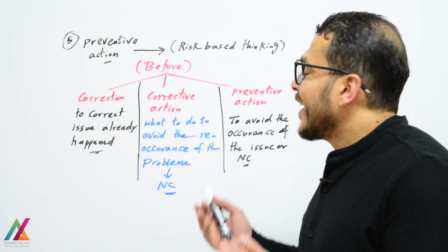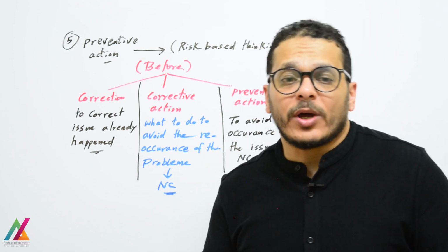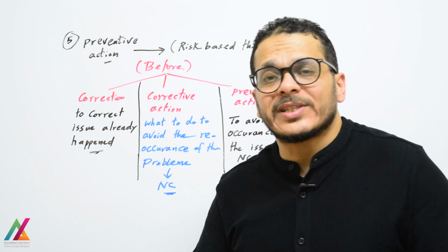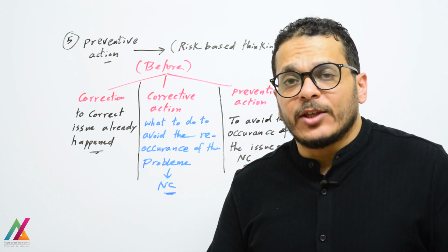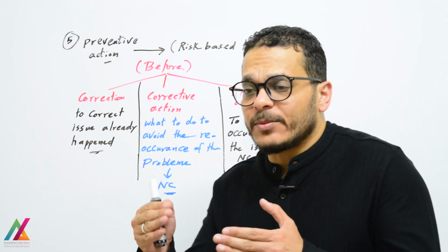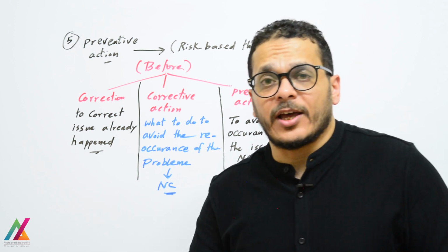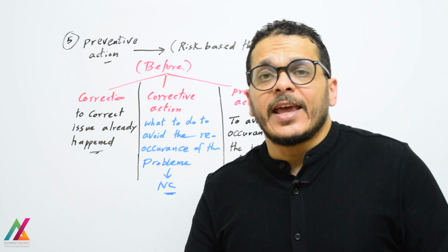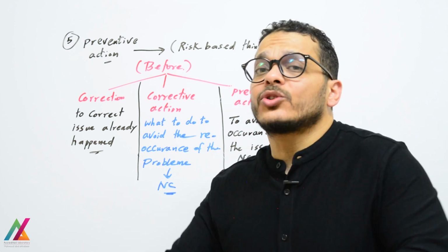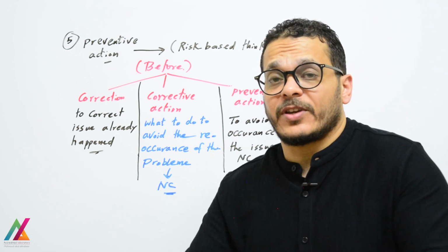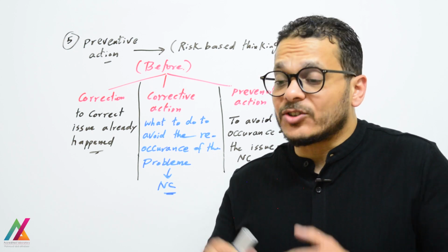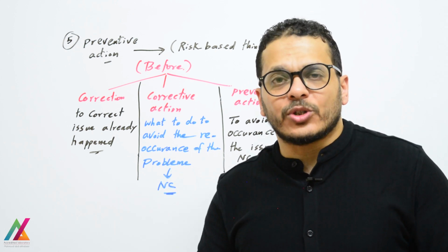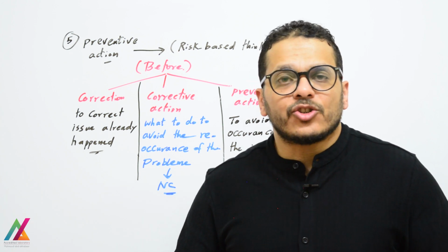So they shall plan and implement actions to address all risks and opportunities inside the organization, to find out risks that may have a negative effect on the organization's activities and try to eliminate or reduce these risks, and also to find out all opportunities that may have a positive effect on the organization's activities and try to use these opportunities. That was the end of our lecture for today.